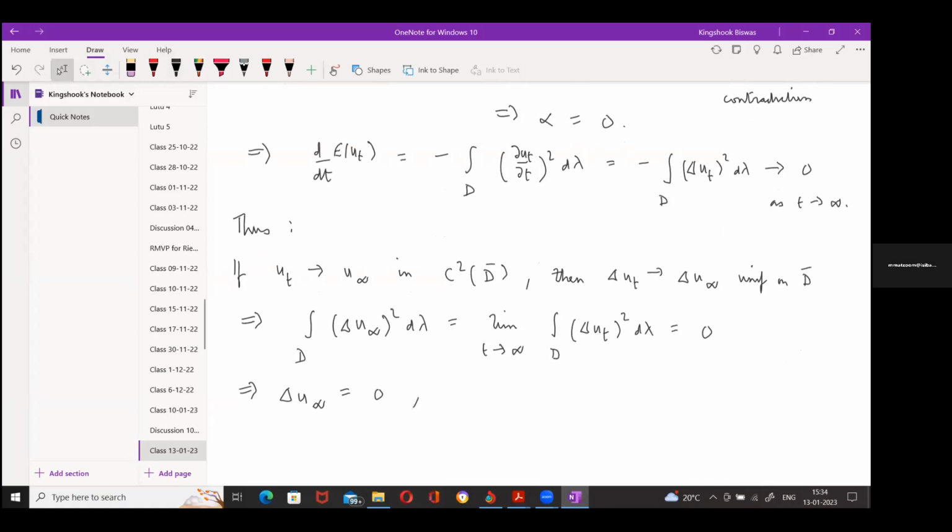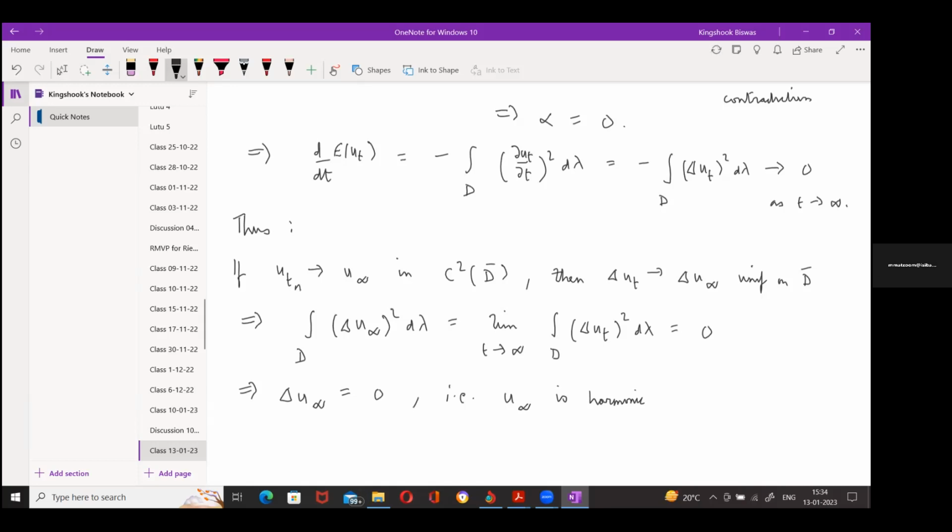So that means that if my solution to the heat equation converges in C2 norm, then any limit is a harmonic function, right? Is it clear? So the only possible limits of the heat equation have to be harmonic functions. In fact, this is true for a subsequence.